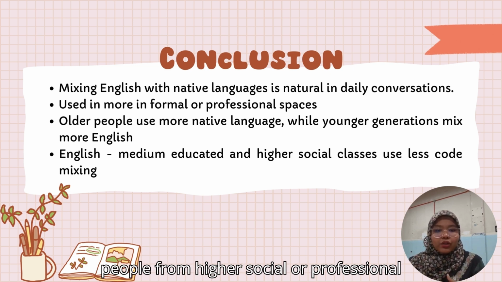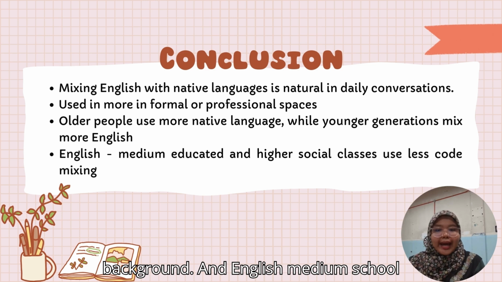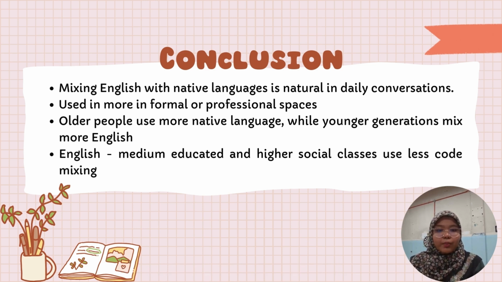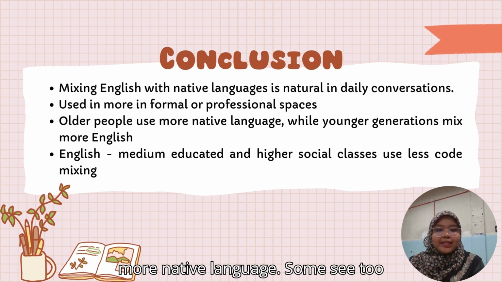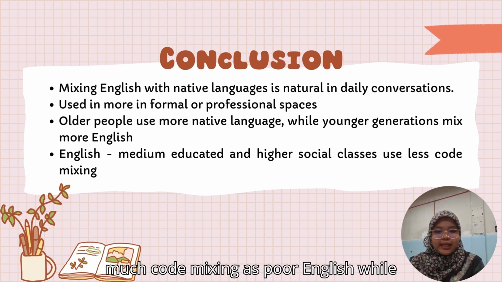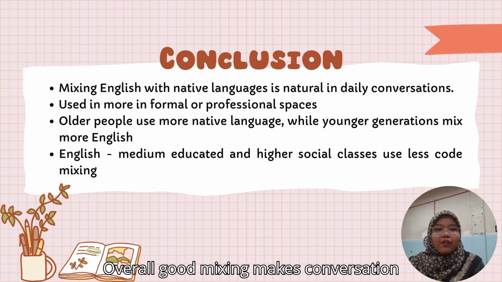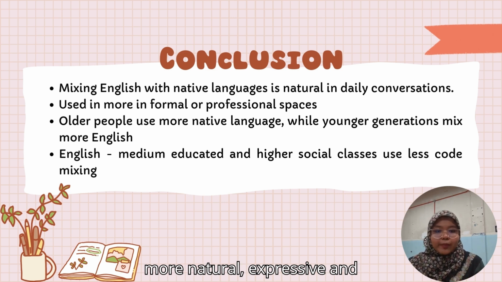People from higher social or professional backgrounds and English medium schools mix less while others use more native language. Some see too much code mixing as poor English, while others think it shows bilingual skill. Overall, code mixing makes conversation more natural, expressive, and connected to culture.